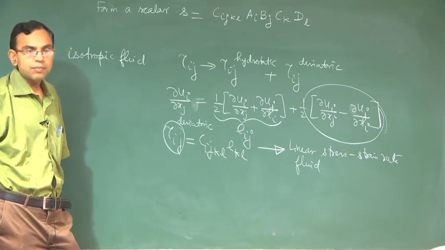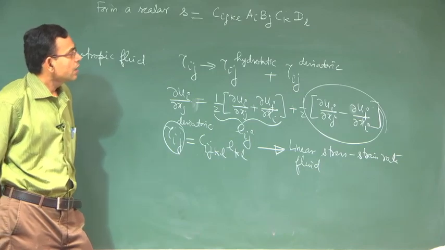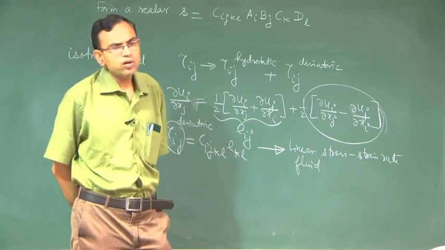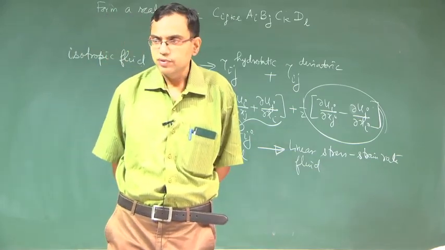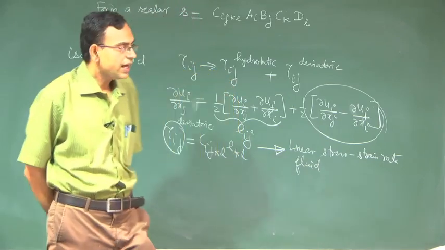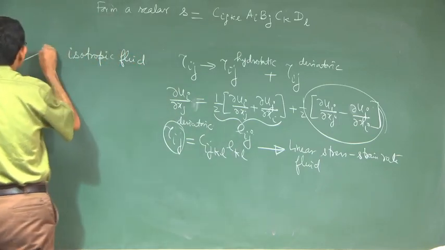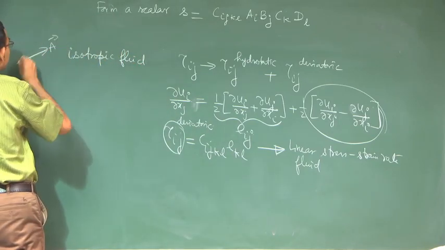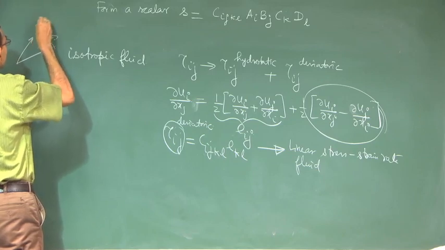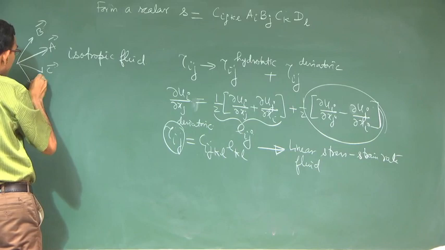Four vectors a, b, c, d, each has donated one index. Now, this scalar could be isotropic, anisotropic, whatever. If it is isotropic, then let us draw these vectors. Say this is vector a, this is vector b, this is vector c, this is vector d.